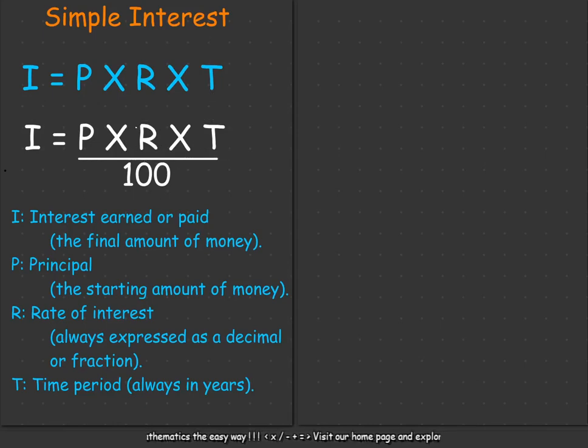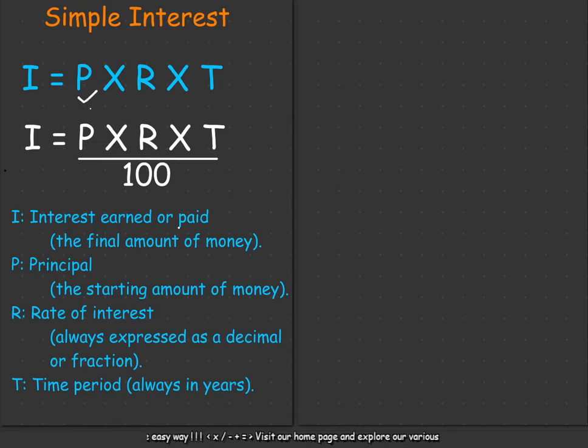What is the difference between the two? They're actually the same formula. But before I explain the two, the I here is the interest earned or paid, the final amount of money that you are going to earn or pay.